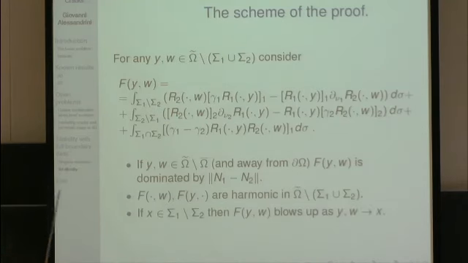And then the last ingredient is the following. If I take a point of sigma 1 which does not belong to sigma 2, just looking at what happens here and knowing the singular behavior of the Green's functions, I can estimate the blow up of the function capital F as y and w tend to this point of sigma 1. Because in this case x belongs to sigma 1, so we are looking here, and when y and w tend to a point of this portion here, then this term here does not blow up much.